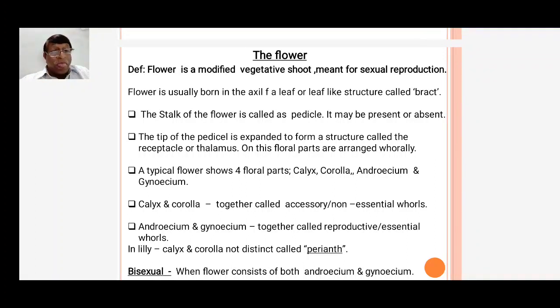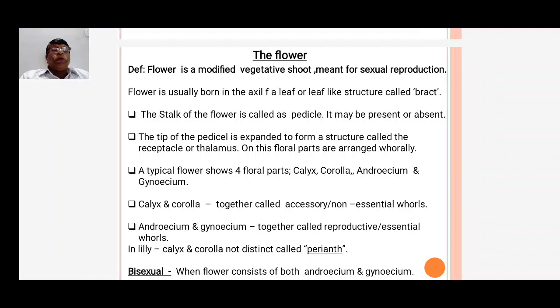Next, the flower. What is flower? Flower is a modified vegetative shoot meant for sexual reproduction.